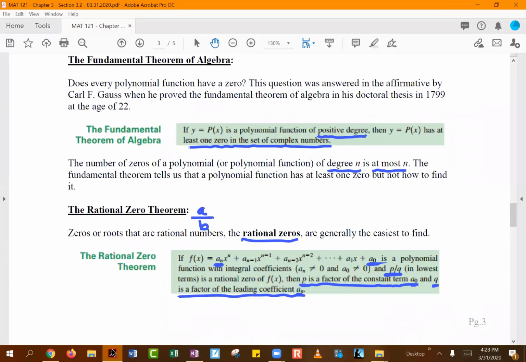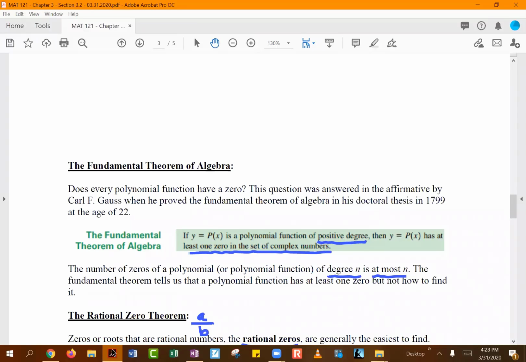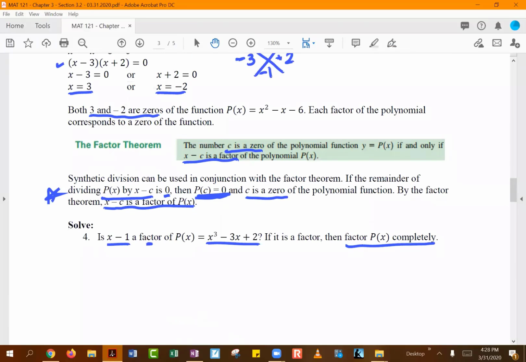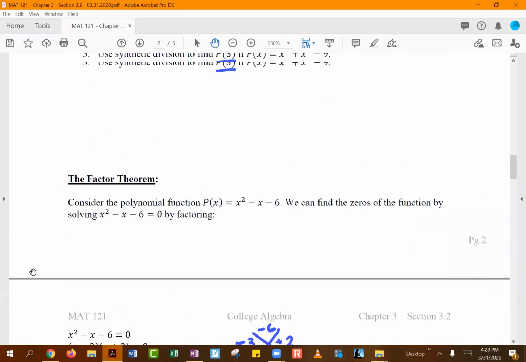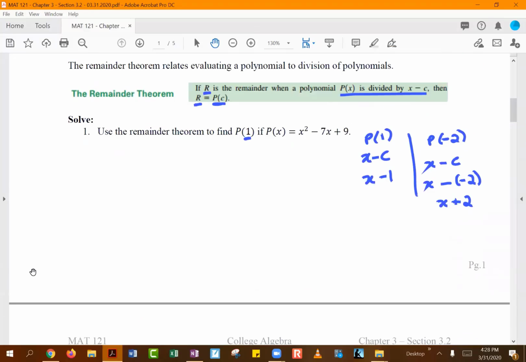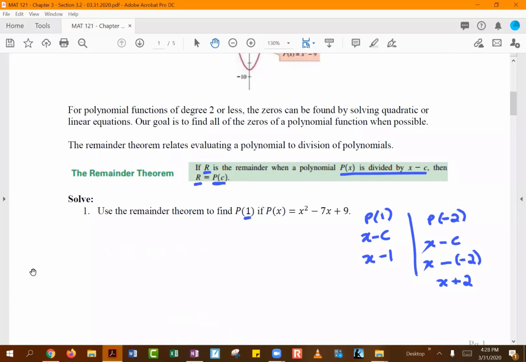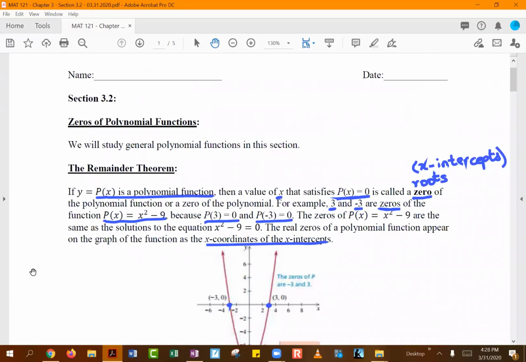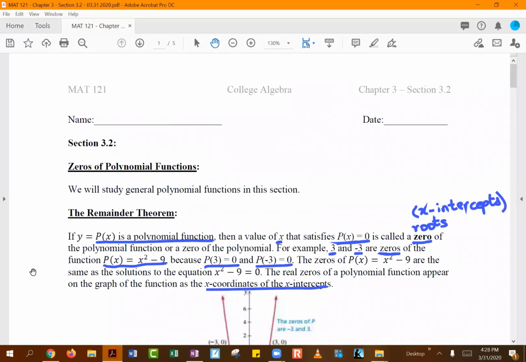We of course talked about the fundamental theorem of algebra, the factor theorem, and then of course the first thing we talked about was how you can use that remainder theorem to even come up with these possibilities of what the solution can be. And then we looked at long division and synthetic division to help us out.